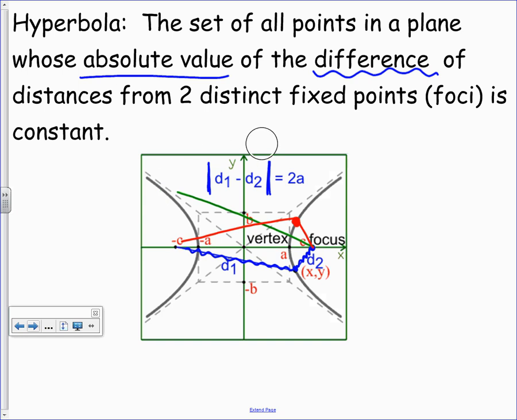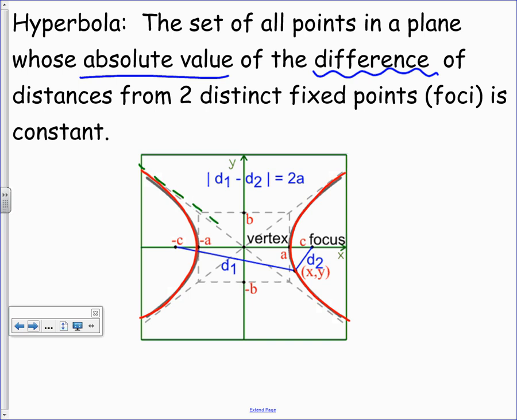Now I'm going to clean this off for a second. When you're talking about what you're graphing for a hyperbola, it has 2 parts. The other thing you have to understand is that you're going to have asymptotes.